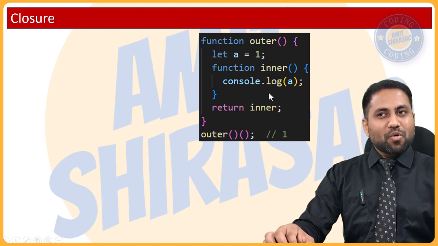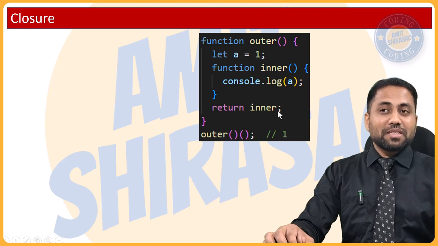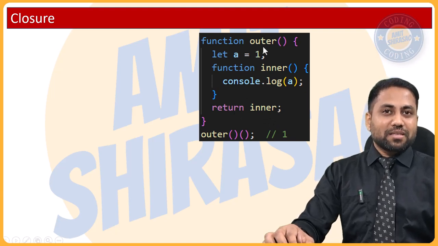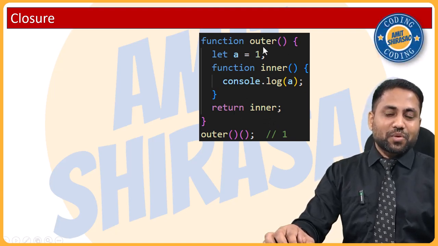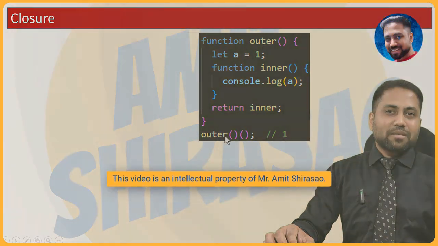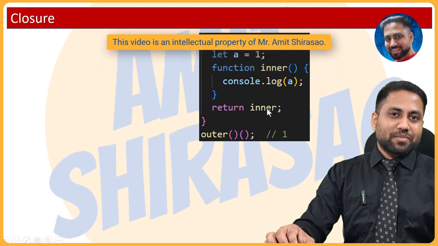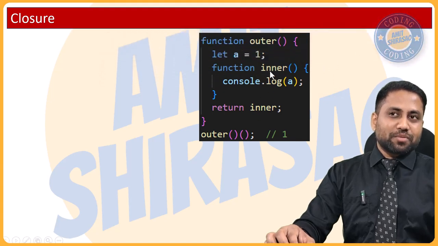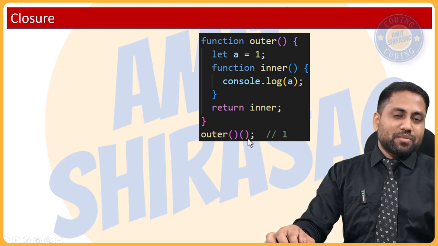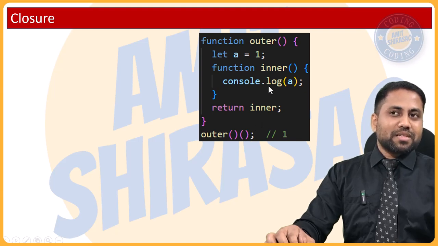Now I'm returning this inner function as a return value of this outer. So outer and first parenthesis, what it does, it gives you this inner. What is it? It is this function. And then when I say next parenthesis, then it means call this function.